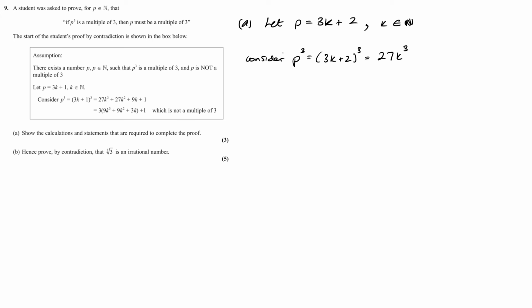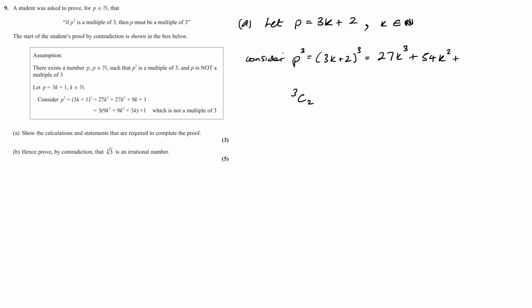For the second term here, it's going to be 3c1, times 3k squared times 2. So this is 3 times 9k squared times 2, so 54k squared. And when I think of the next term, it's going to be 3c2.